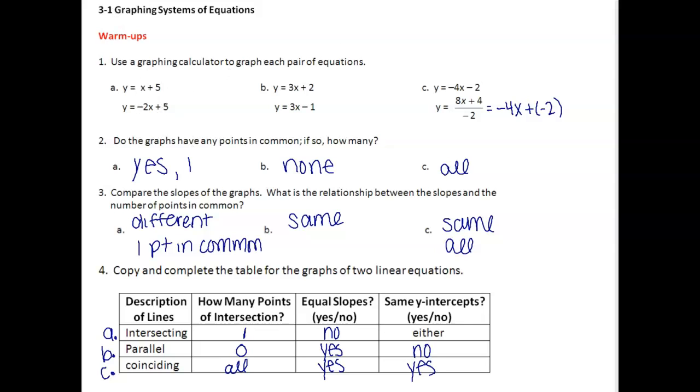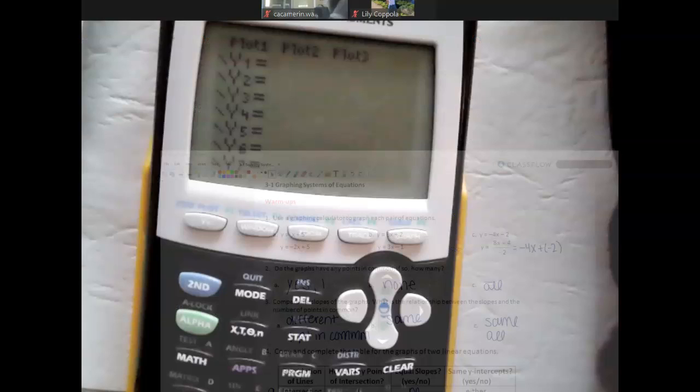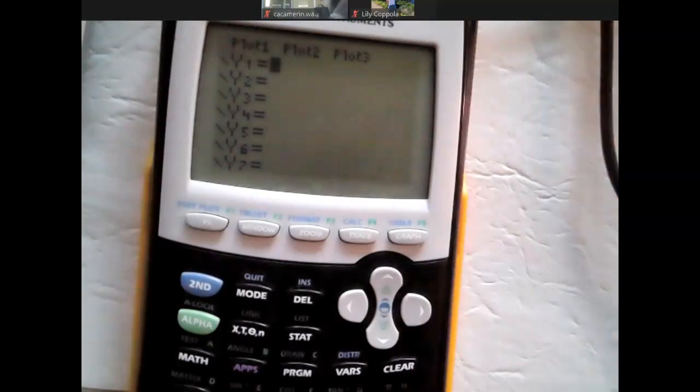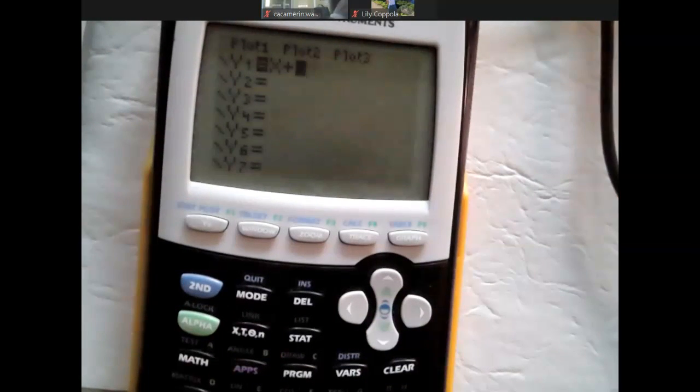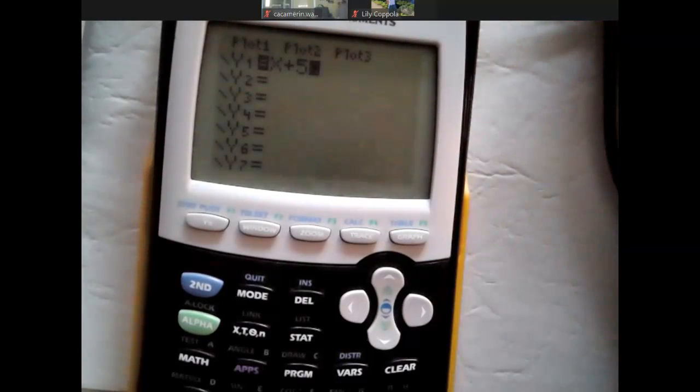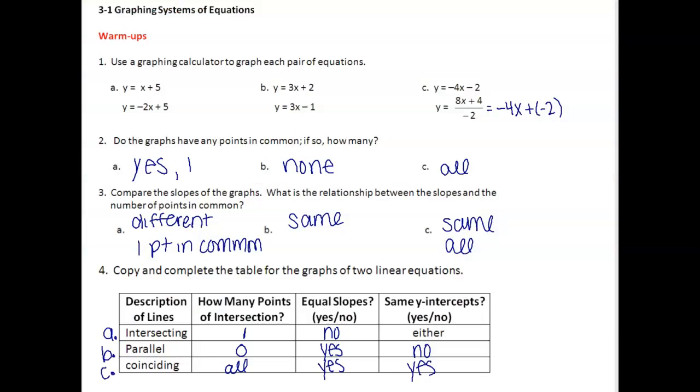In y1, you're going to put x plus 5, and in y2, you're going to enter negative 2x plus 5.